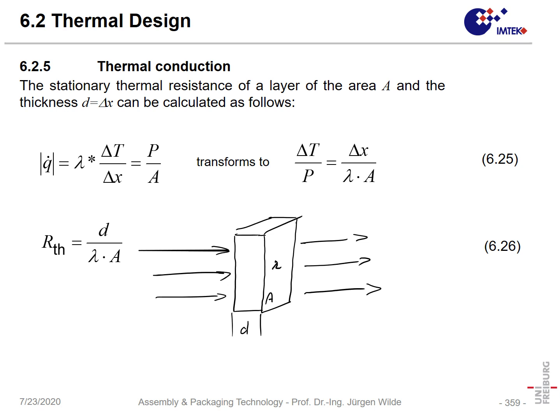And in that case, the thermal resistance of such an individual block under steady state conditions is the thickness of that block divided by the thermal conductivity or heat conductivity and divided by the area which we regard.